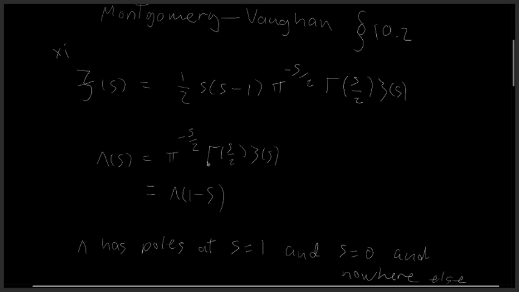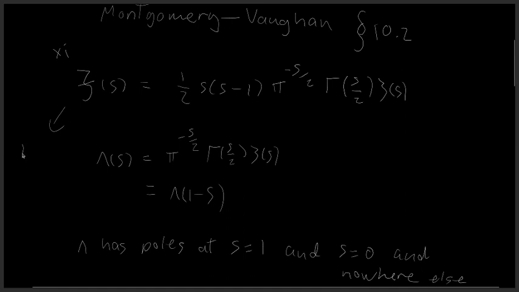So the point of the Riemann xi function is that you're multiplying by s times s minus 1. So this s gets rid of the pole at 0, and this s minus 1 gets rid of the pole at 1. So this Riemann xi function is holomorphic on the entire complex plane.